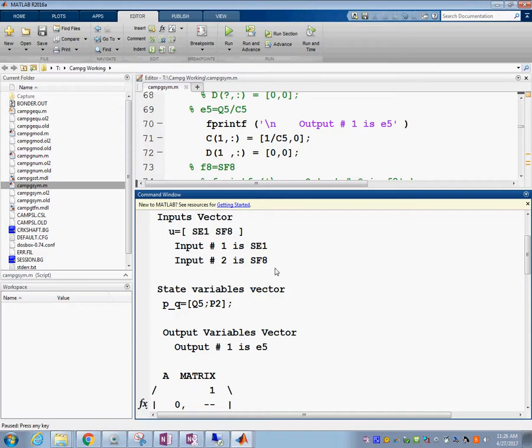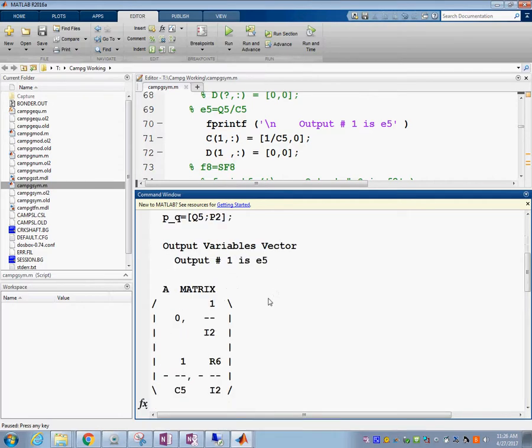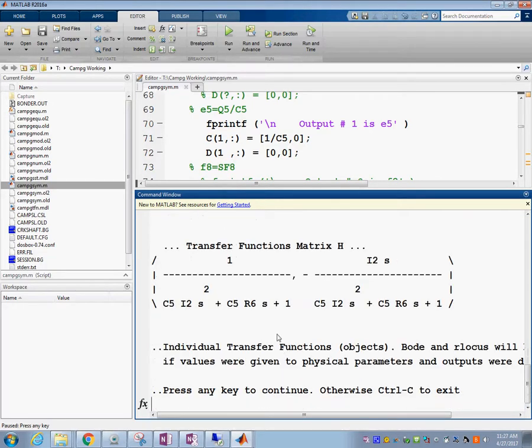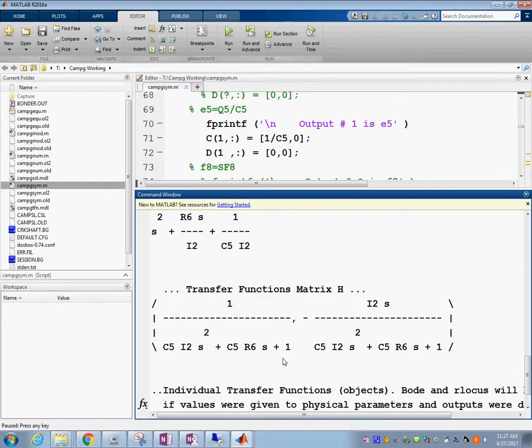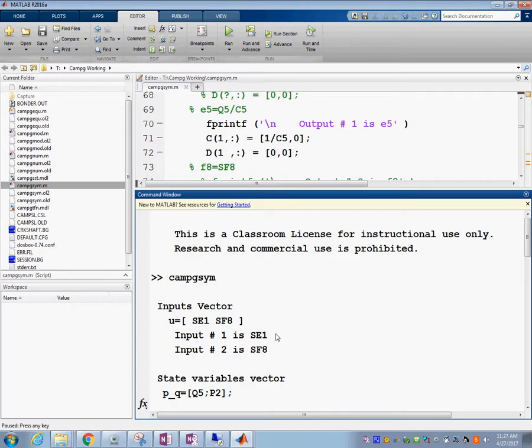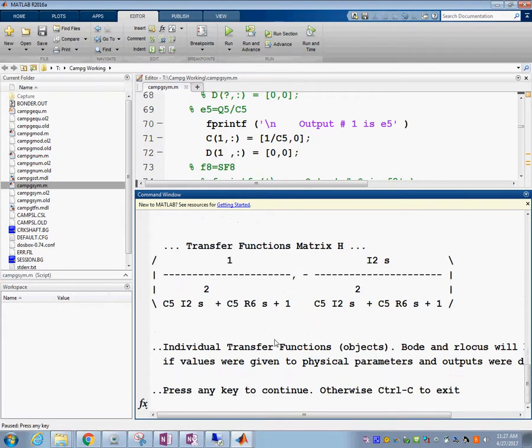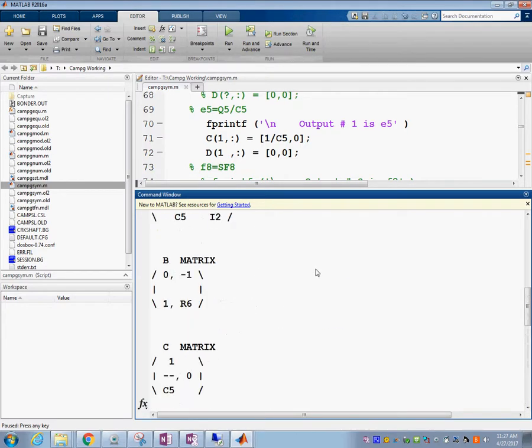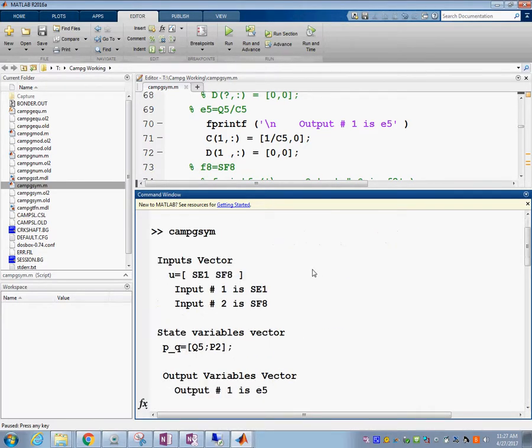So the transfer function SF8 is with respect to the housing, and here you're going to have this matrix of transfer functions. This with respect to the input number 1, which is SE1, and this other one with respect to input number 2, which is SF8.